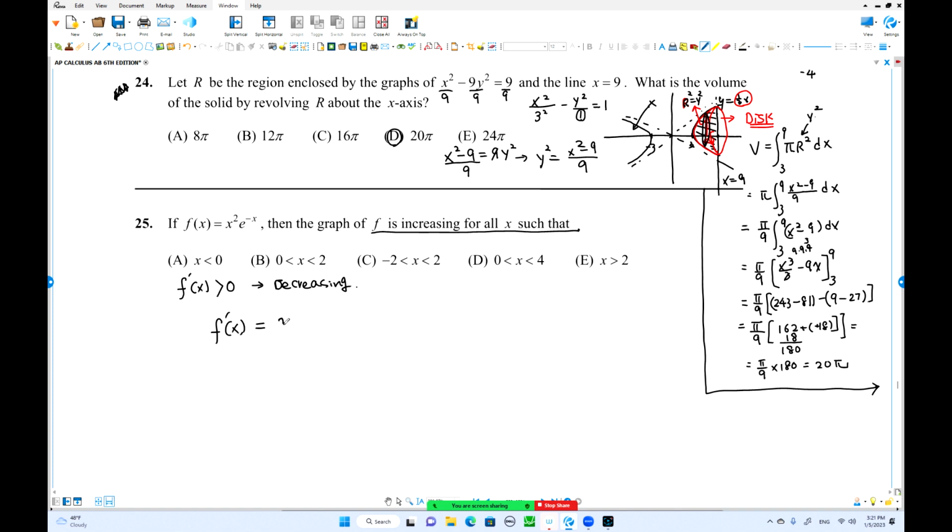The derivative of x squared is 2x times e to the negative x. After that, first one don't touch, second one is the derivative of e to the negative x. The derivative of e to the negative x is e to the negative x, but we take the derivative one more time of negative x, that is negative 1, right?